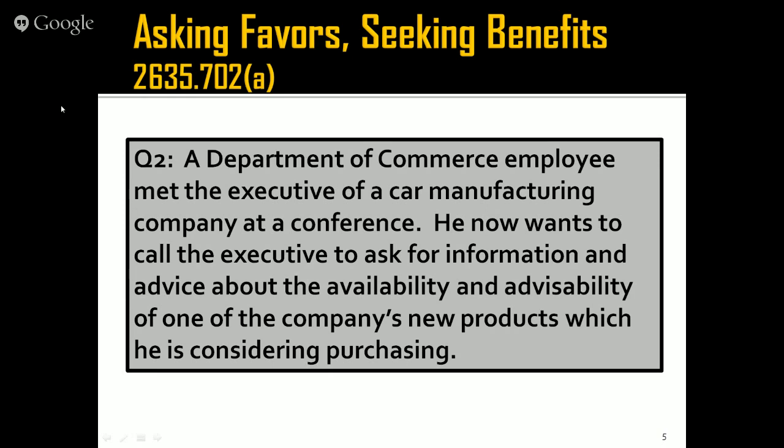So the bottom line here for me, and what I'd like you all to really think about, is any circumstance where an employee is asking a favor of, or seeking some sort of benefit from, someone for themselves personally, and they're asking that favor or seeking that benefit under the color of their official authority, even if ultimately the benefit or favor they're seeking would be for them to use personally.